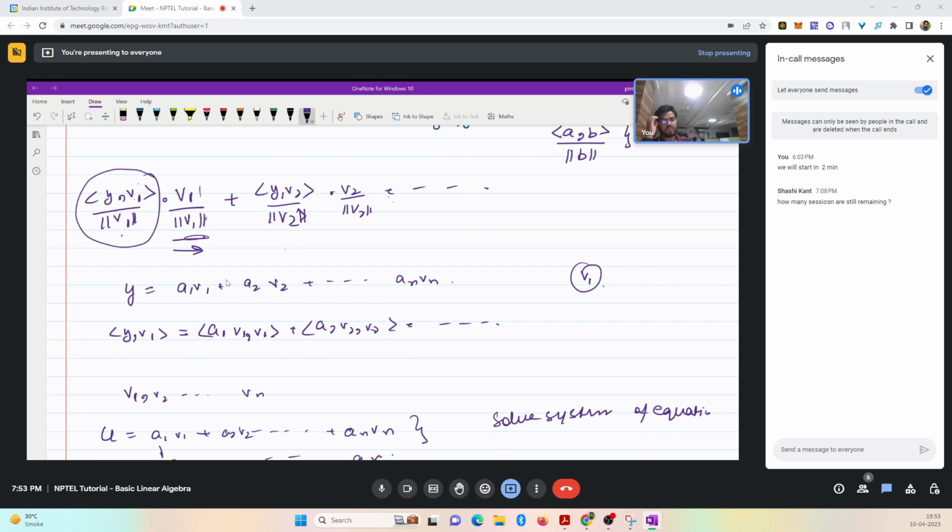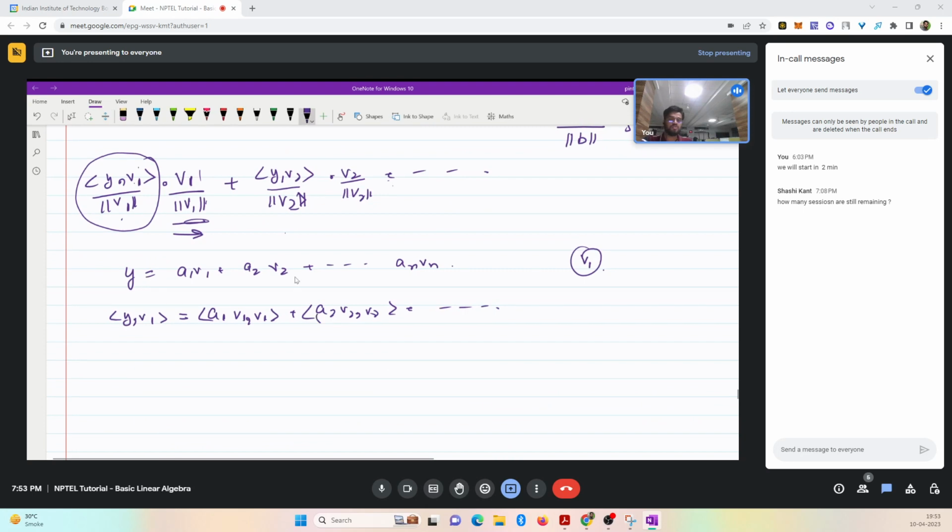Because v1, v2 and v3 are orthogonal, everything except the first term would be 0, because v1 is orthogonal to all these vectors. So this gives <y, v1> equals a1 times <v1, v1>. This implies a1 equals <y, v1> divided by <v1, v1>, which is <y, v1> divided by the norm of v1 squared. Similarly, you can find a3 and the ai's respectively.